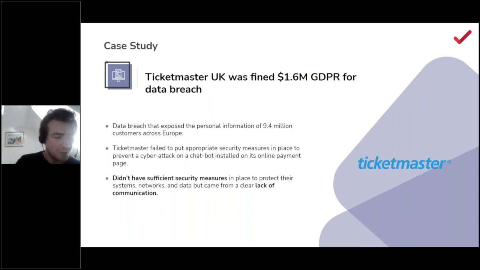So what do we see here? A few of the points I've mentioned, which is a clear lack of communication between the departments internally, data protection, so maybe compliance, depending on how they've got it set up internally, and then IT and marketing. And also a lack of involvement from the employees.